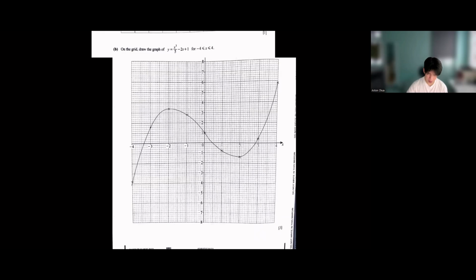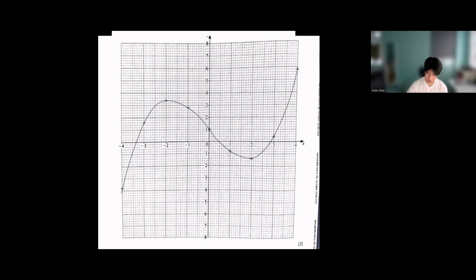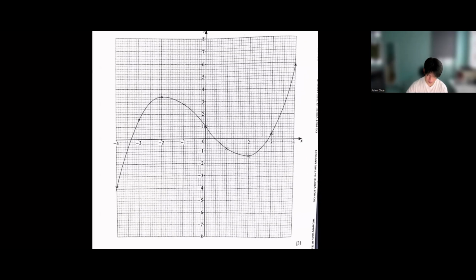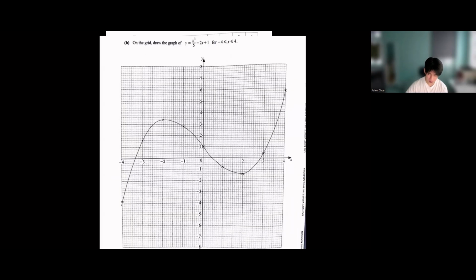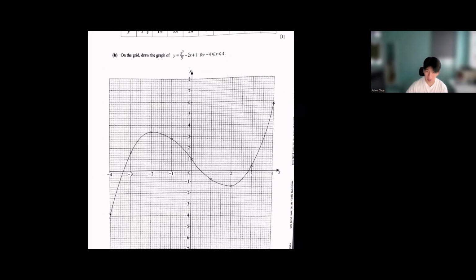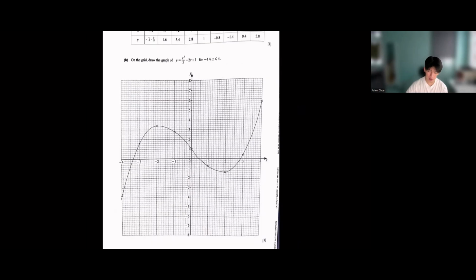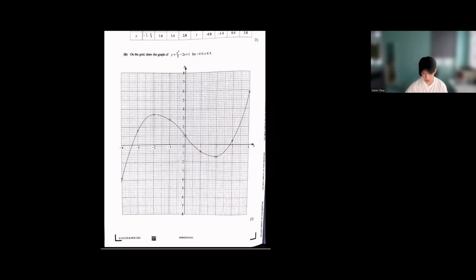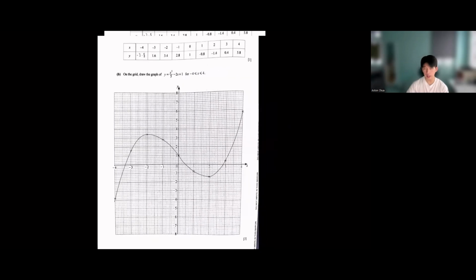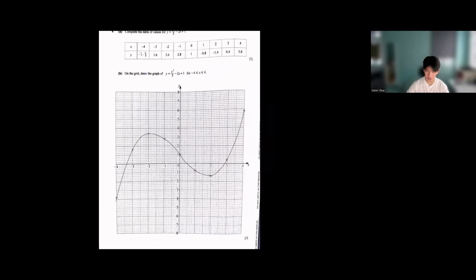Some pointers: you have to make sure that all your points are properly plotted onto the graph itself, and make sure that your curve is smooth. Okay, and that's it for part B.